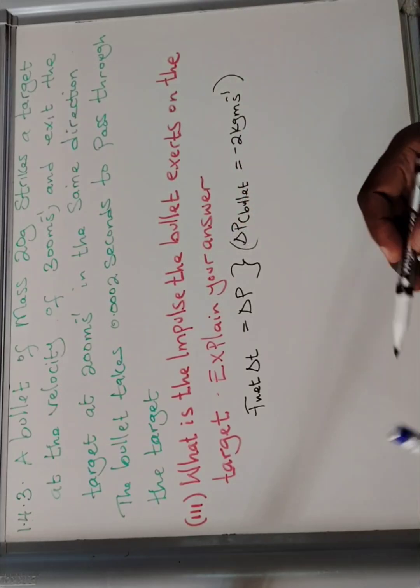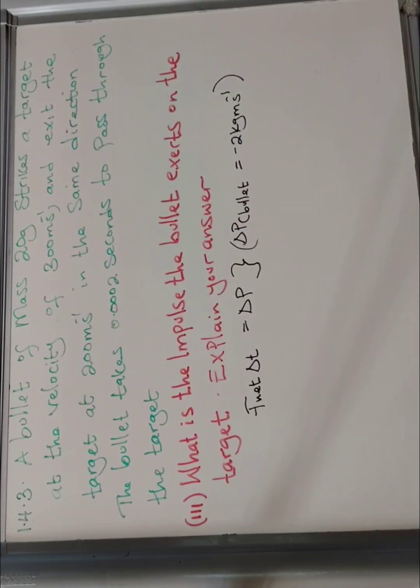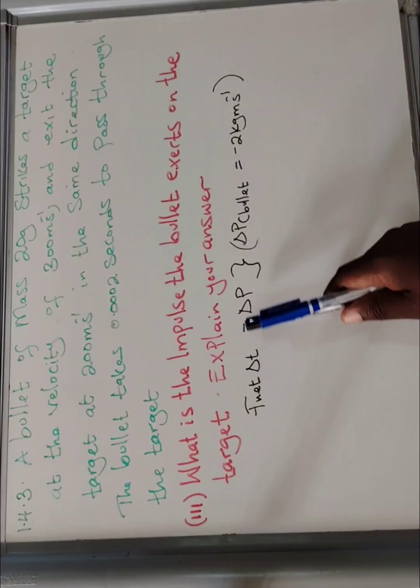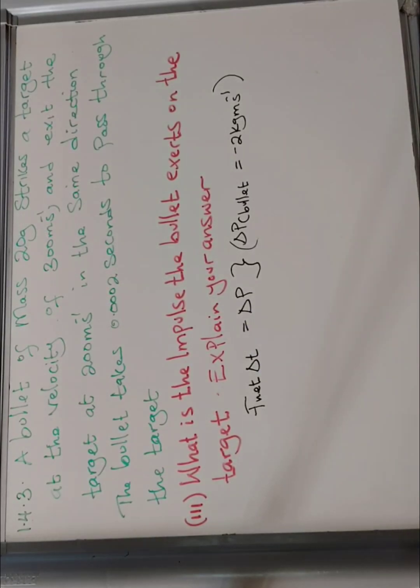Okay, I want you to know that in accordance with the physics principle which we get from Newton's third law, the impulse on the bullet is the same as the impulse on the target. Why? Because both of them are experiencing the same change in momentum. So what is going to be our answer?